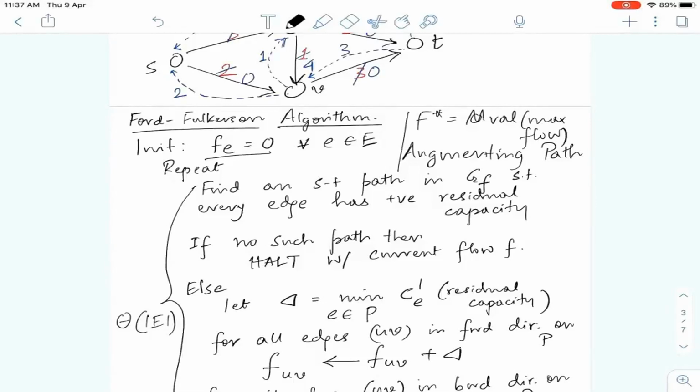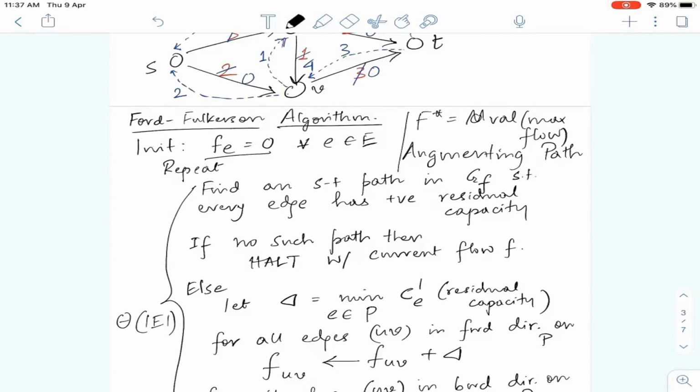As I said, if the capacities are real numbers, then one can prove that this process is not going to terminate. This has to do with how you represent real numbers on a computer and all that. But assuming that all the capacities are integers, I know that if the flow has to increase, it has to increase by an amount of at least 1.